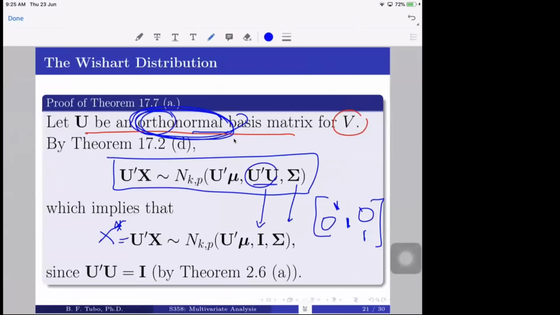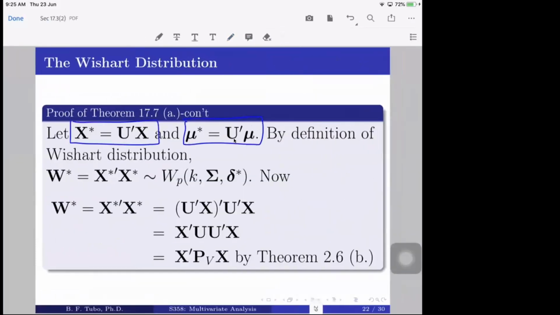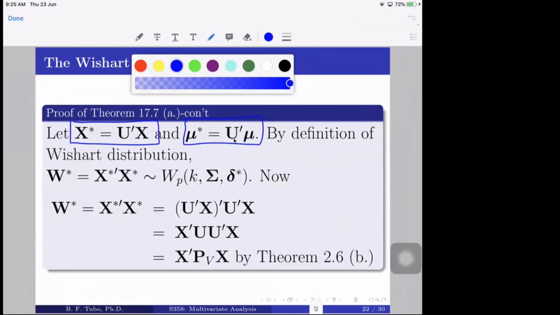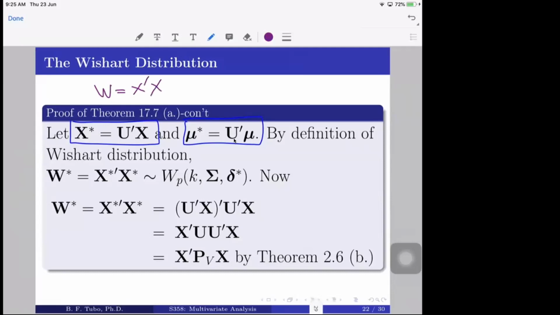This is our X star, mu prime X. So to get W, which is X prime X, but ours is W star, which is X star prime X star. So our X star is U prime X. So that when we do X star prime X star, U prime X and U prime will be our PB. So that is the definition of PB.